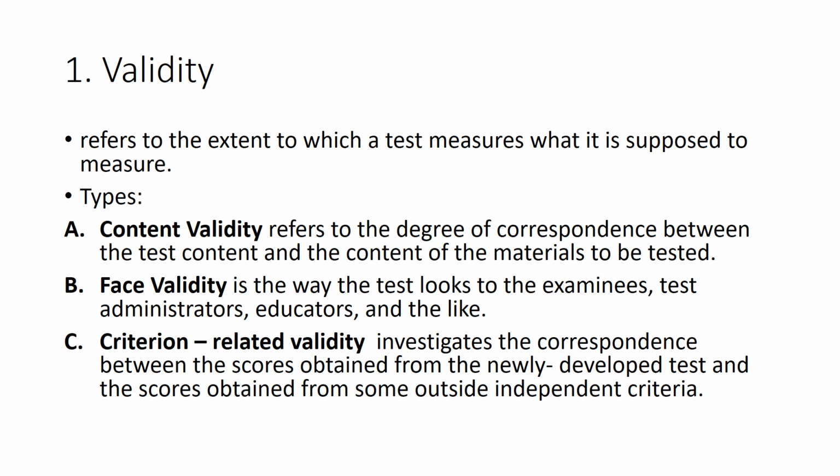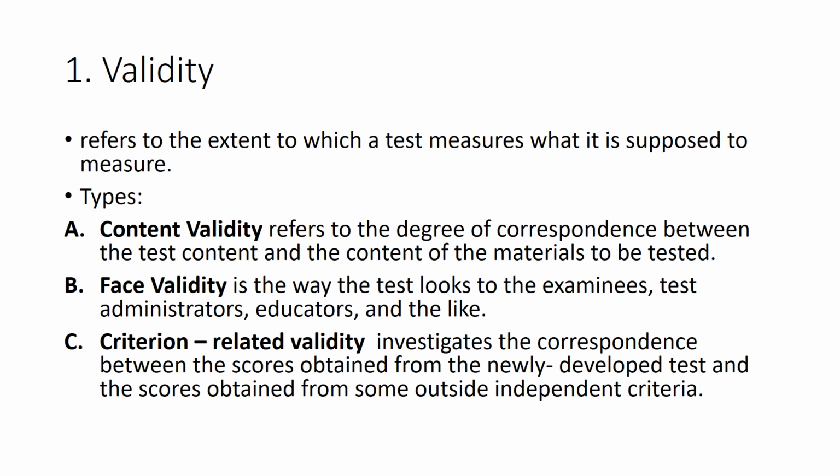Another type of criterion validity is called predictive validity. And here you are going to do the same as the concurrent validity. Also, you are going to compare the scores that your students have got in the test that you made for them with what? With a test that you are also going to make for them, but after a long time.